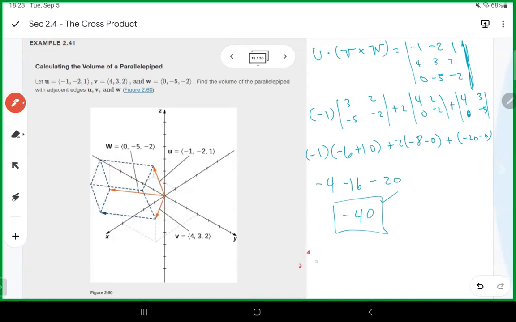What we say instead is the volume of the parallelepiped, I left out an E, P-A-R-A-L-L-E-L-E-P-I-P-E-D, is 40 units cubed.